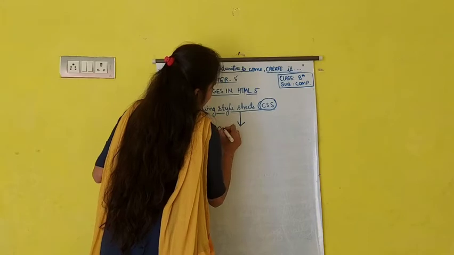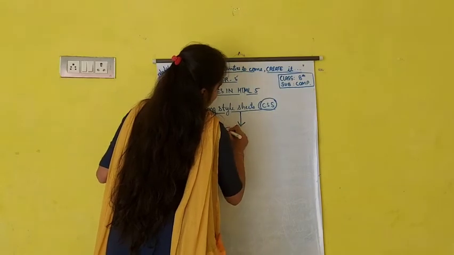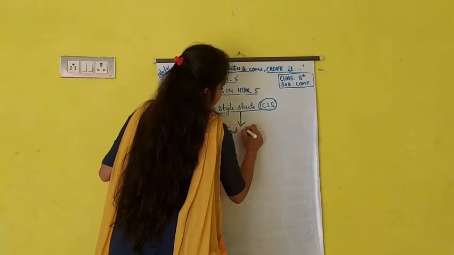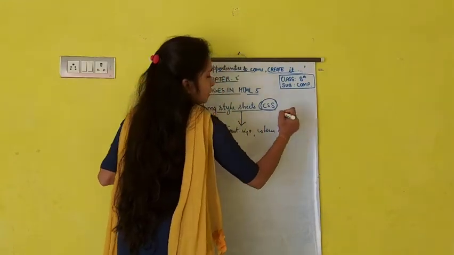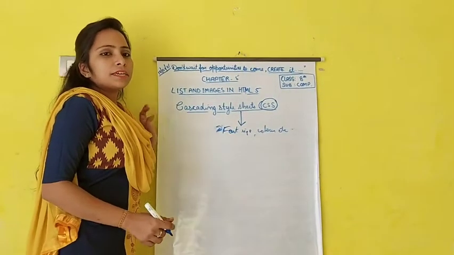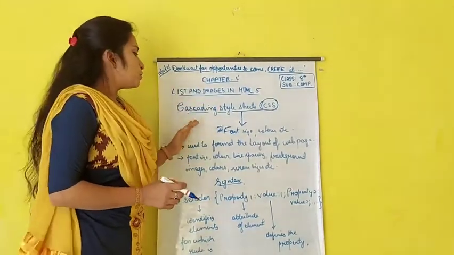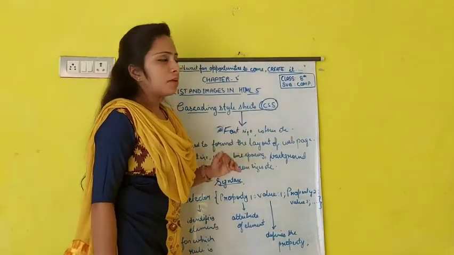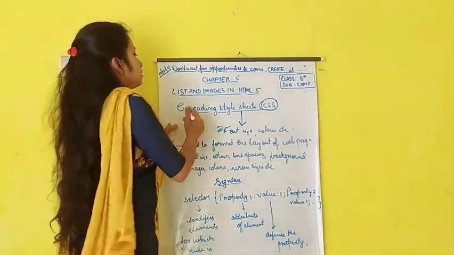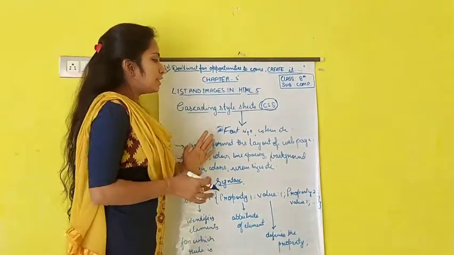Whatever we do in HTML5, we can control here. Like we can control font size, color, etc. As I told you, we can control the font size, we can control the font color, etc. This is actually the cascading style sheet.